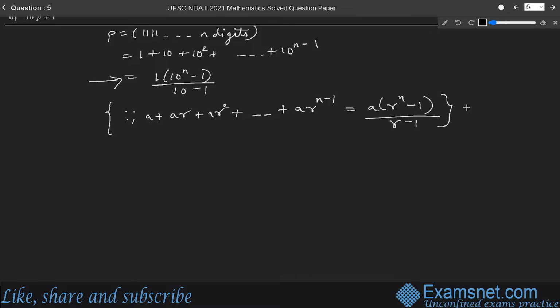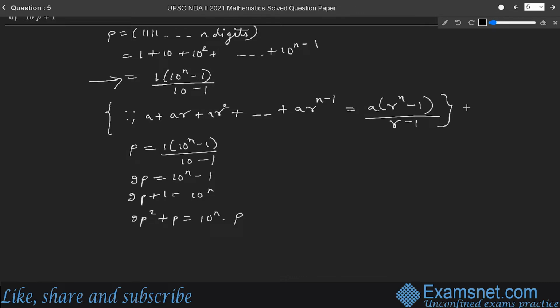So using this concept we have derived this particular equation. Now this is the value of p, so p will be equal to 1 into 10 to the power n minus 1 upon 10 minus 1. So on further solving it will be 9p is equal to 10 to the power n minus 1. So 9p plus 1 is equal to 10 to the power n, and on multiplying p on both sides, we will get 9p square plus p is equal to 10 to the power n into p.